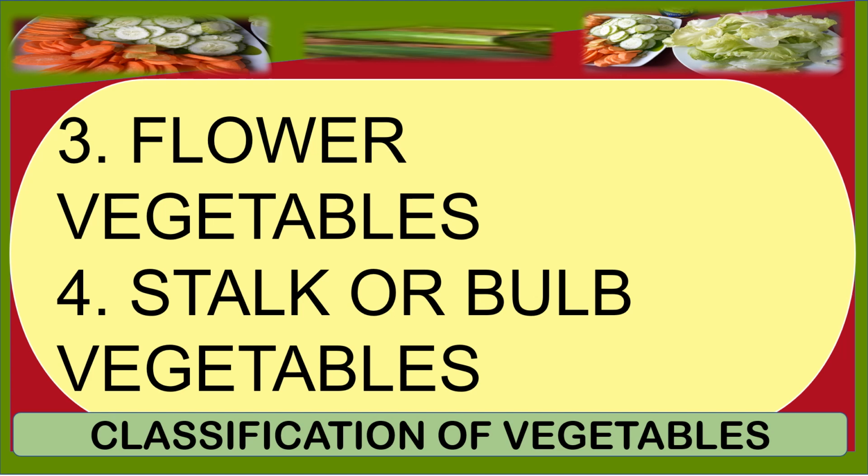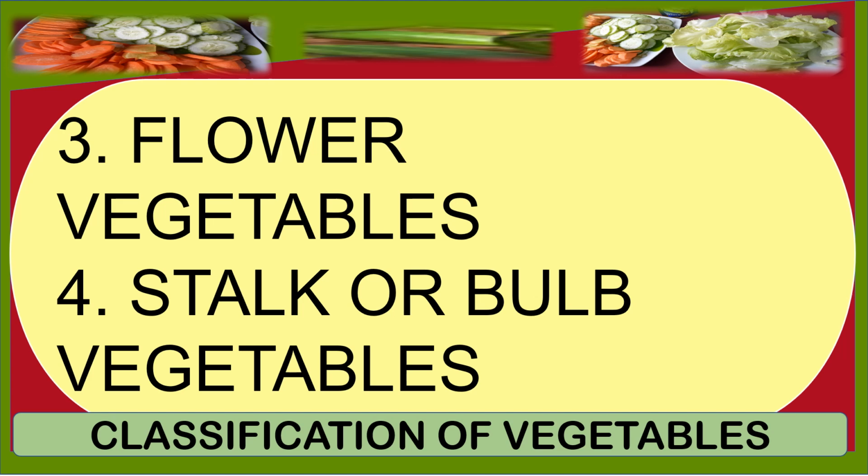Number 3, the flower vegetables. These are plants that have flowers used as vegetables in the culinary world. Examples are the cauliflower, of course it's obvious, the broccoli. We can also use the squash blossoms, the flower of the plant called squash.